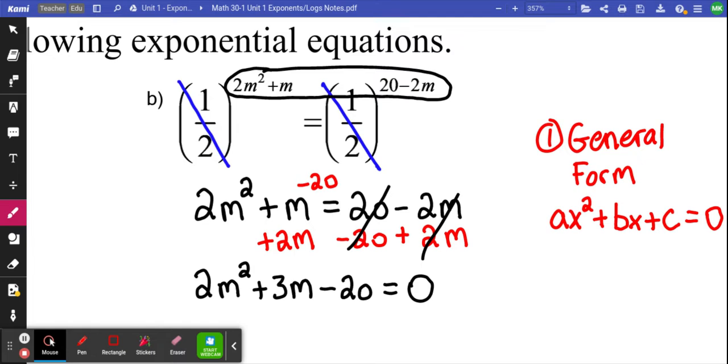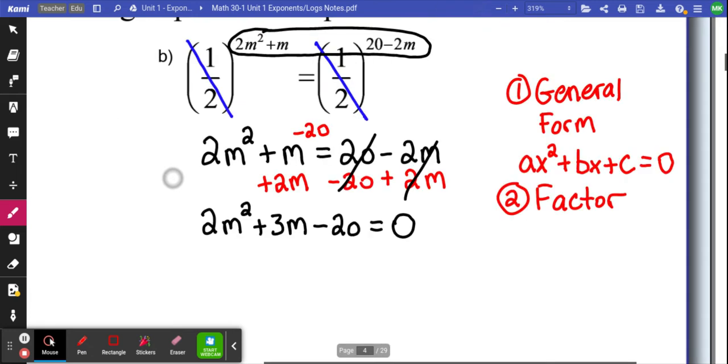Then you've got to solve this thing. You have multiple strategies to solve this. I think your best option is to factor. Factor means you are taking something and breaking it into multiplication. Our strategy to factor this is the diamond method.